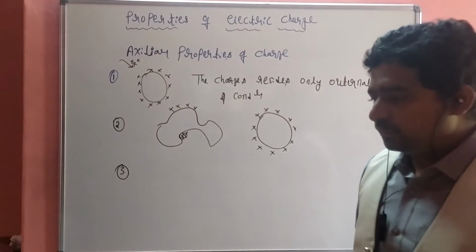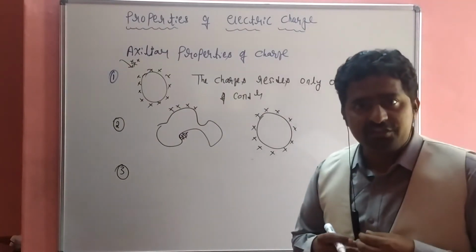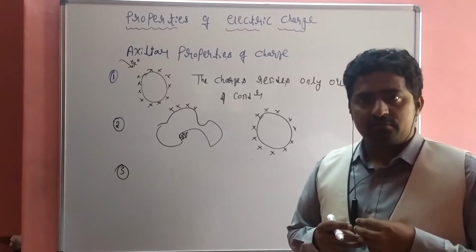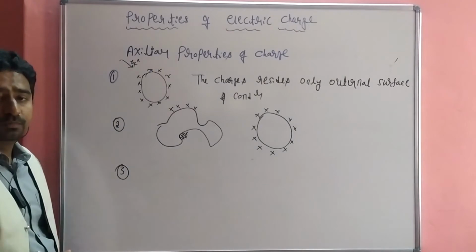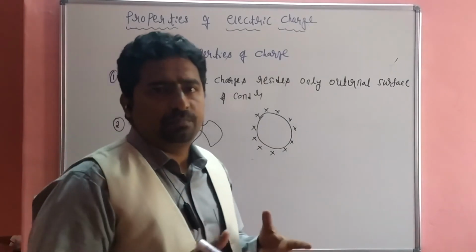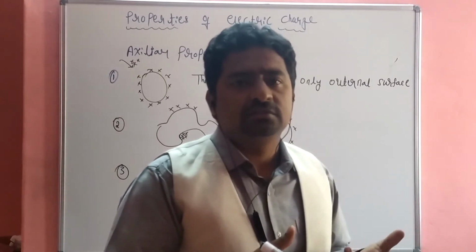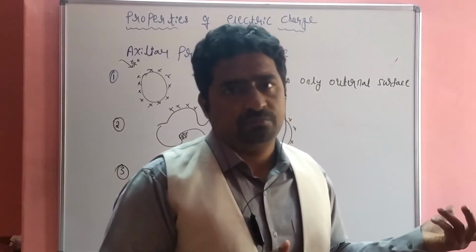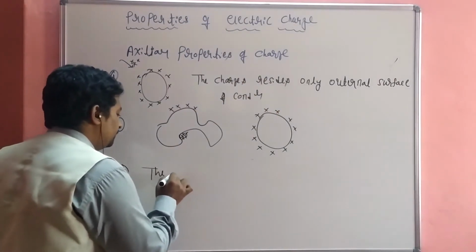Another property is that charge is always associated with mass. That means charge is always associated with mass. Without mass, charge cannot be there. But mass can be there without charge.